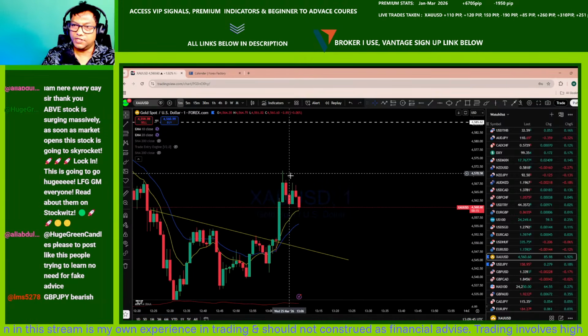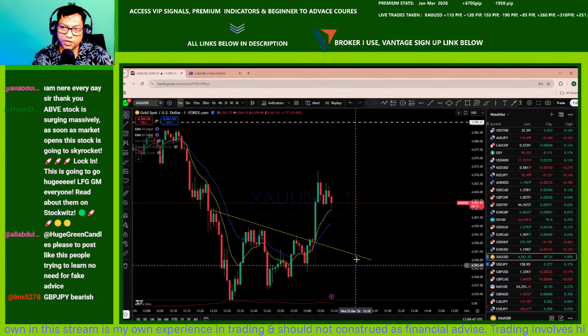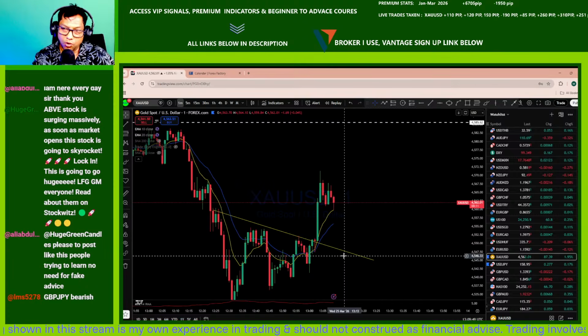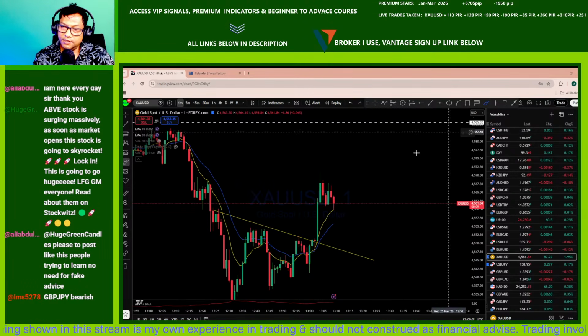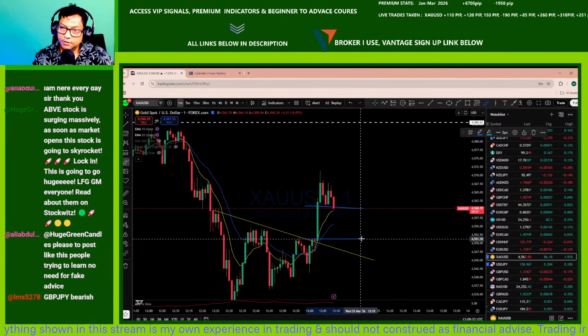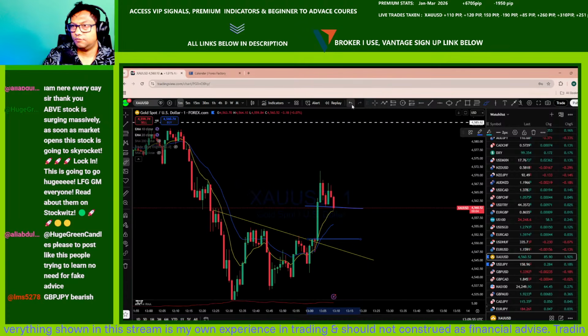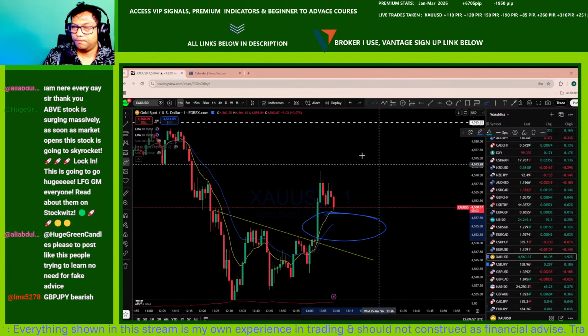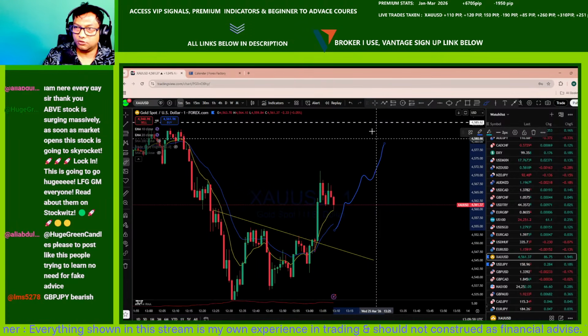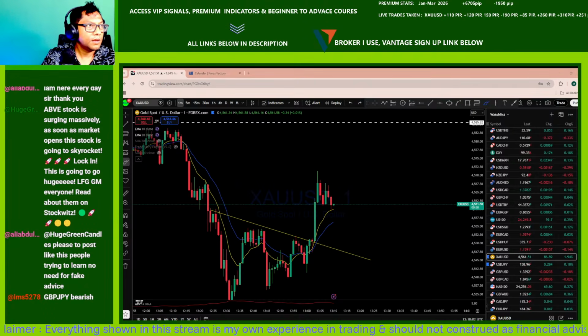We can see that at this level here, it's slowly trying to break that low, and this is a complete fair value gap. We might see the market bounce off that level.